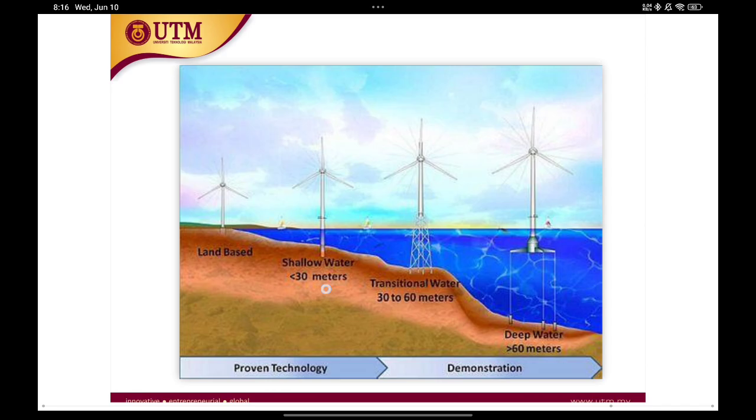And then you have land based, shallow water, and transitional water. Usually you have to build the tower properly to the land. But for deep water, if not mistaken, it is still not yet. Okay, there is no wind turbine on top of a floating boat, something like that. Okay, it is not stable enough.